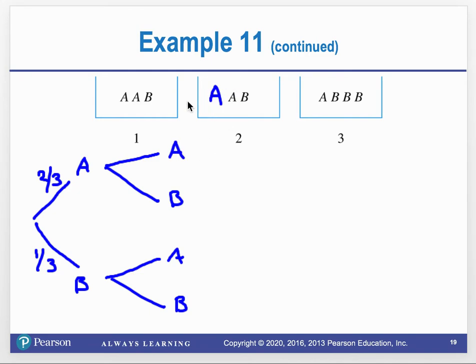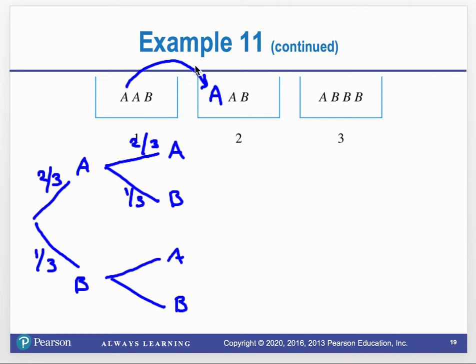So if I took an A out of the first box and put it in the second box, and then I reach in and draw, this probability is 2/3, and this probability is 1/3.